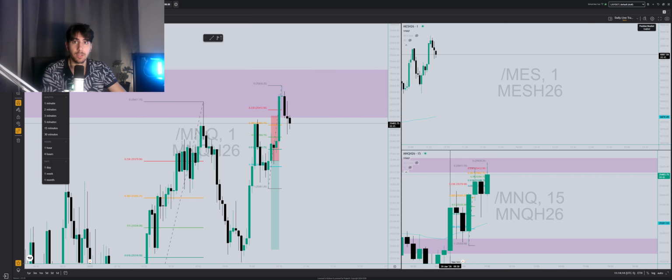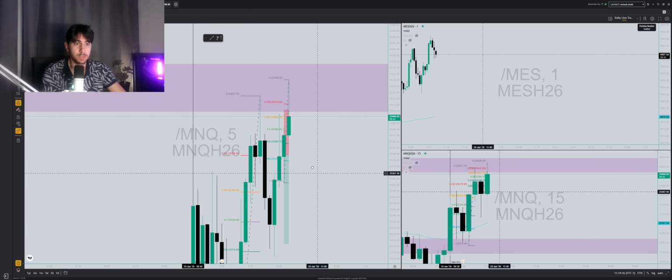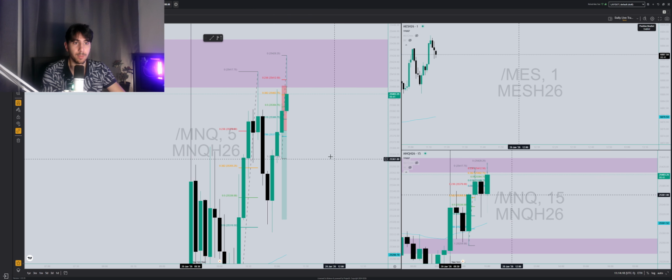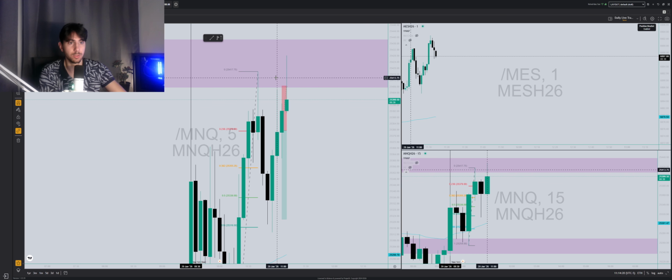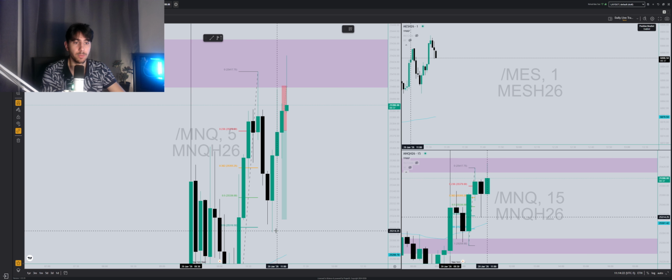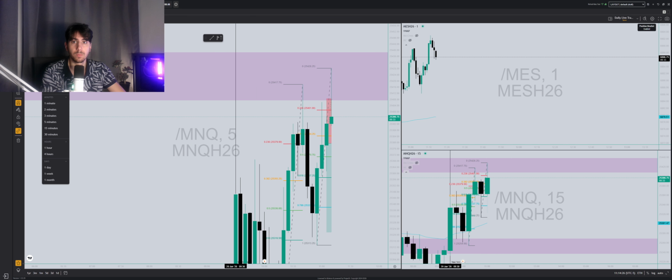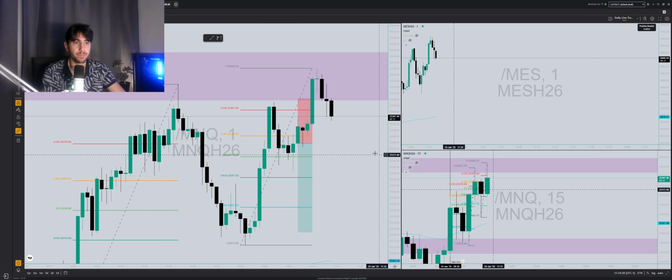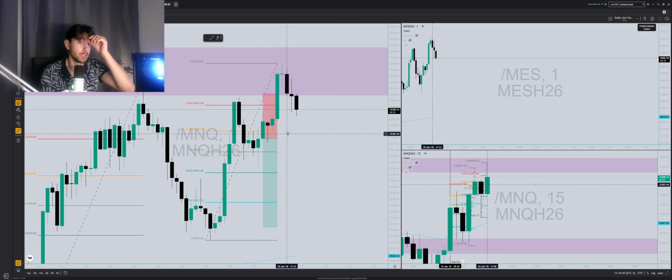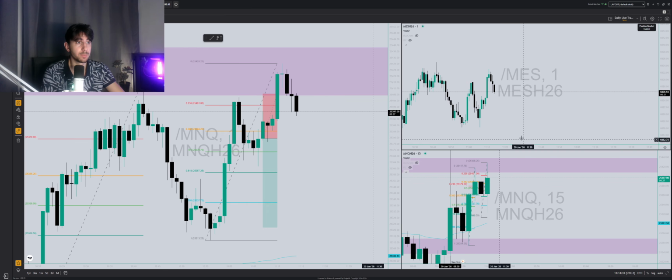And if I go to the 5-minute chart, we can see that this is just a straight line up. So I want to use this Fibonacci. I will create a new Fibonacci tool, put it here, and this would be my retracement.